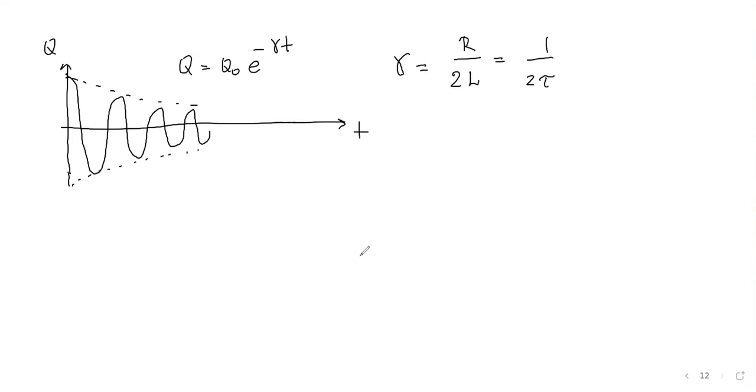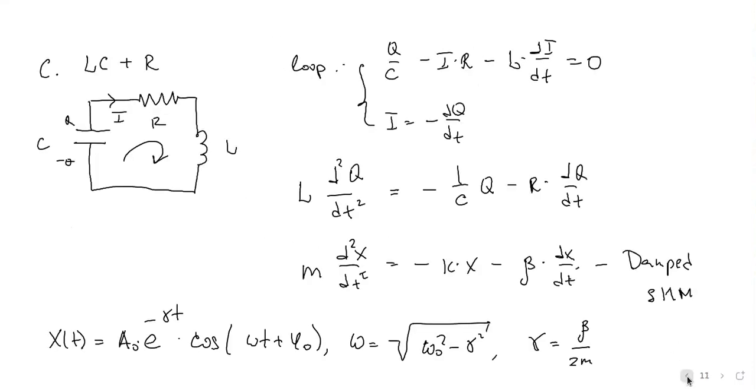So then normally in RL circuits, you just have a decay. Now you also have oscillation on top of the decaying exponent. This is nice. It's a full agreement between these two, simple harmonic motion and RLC, the analogy.